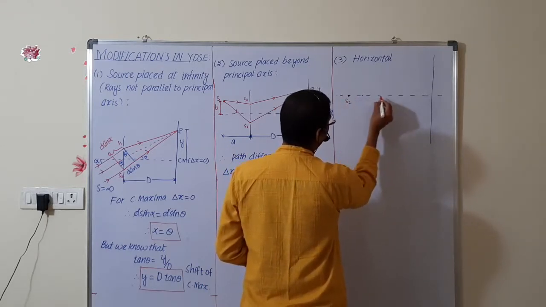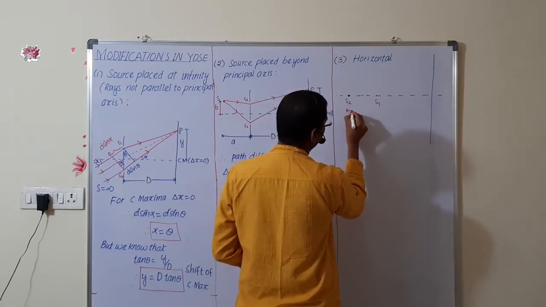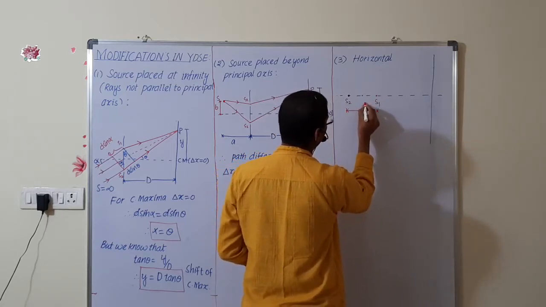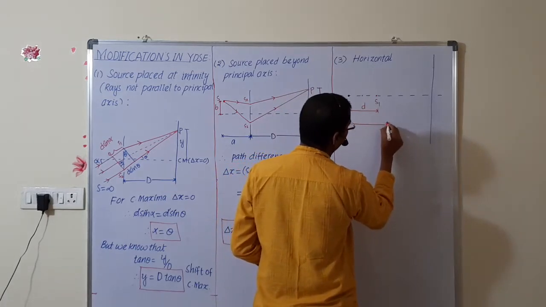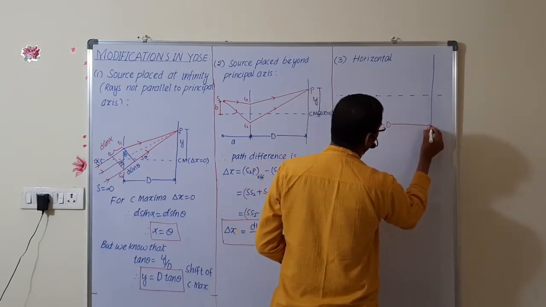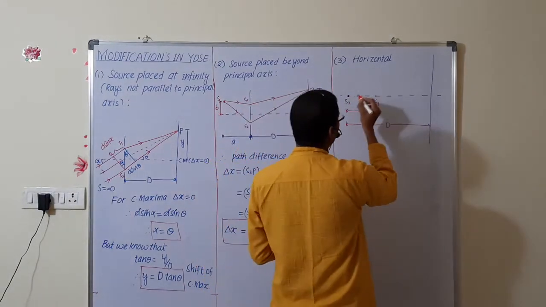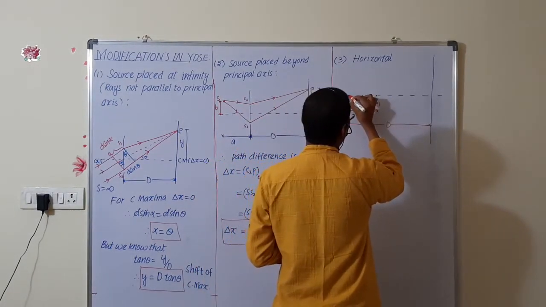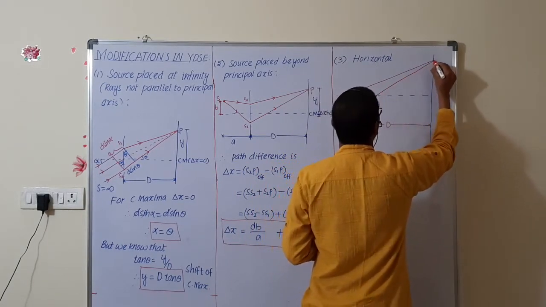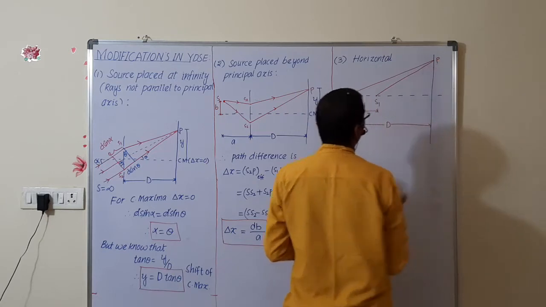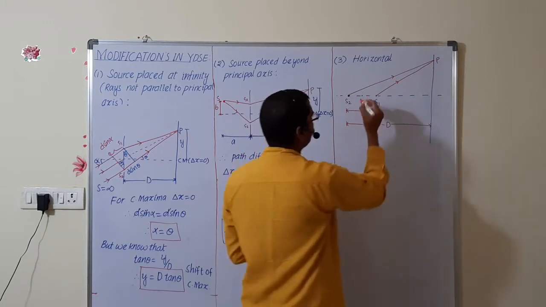It is a S2 slit. This one is S1 slit. The distance between these two slits is small. Now the distance from slits to screen, the value is capital D. Now here again what will happen from this, the rays are going and meeting at point P. Okay, in this condition it is a center.